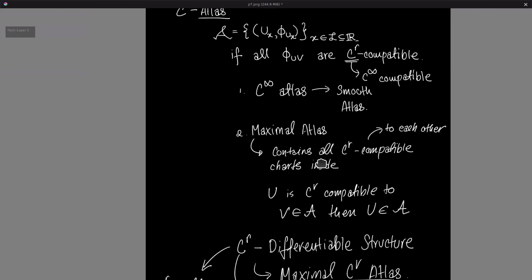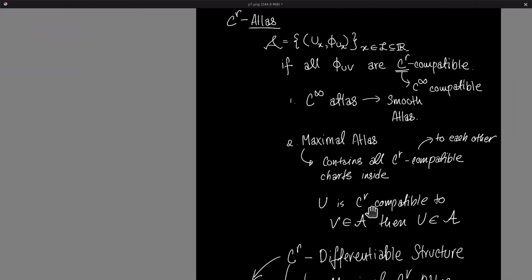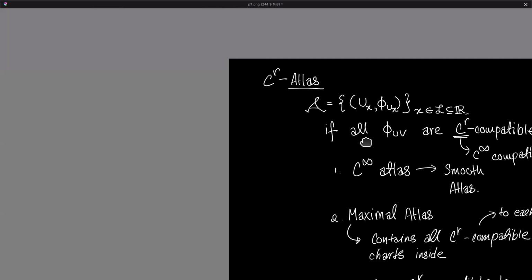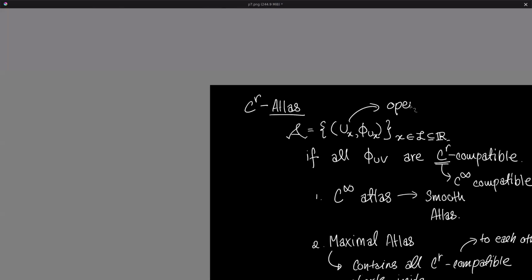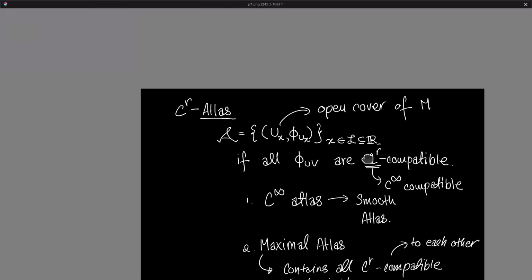Right. So let's go back. C^r atlas. I was going to draw this whole diagram and everything. One thing that we forgot to talk about is that this has to be an open cover. An open cover is a cover of M by open sets. What does that mean?